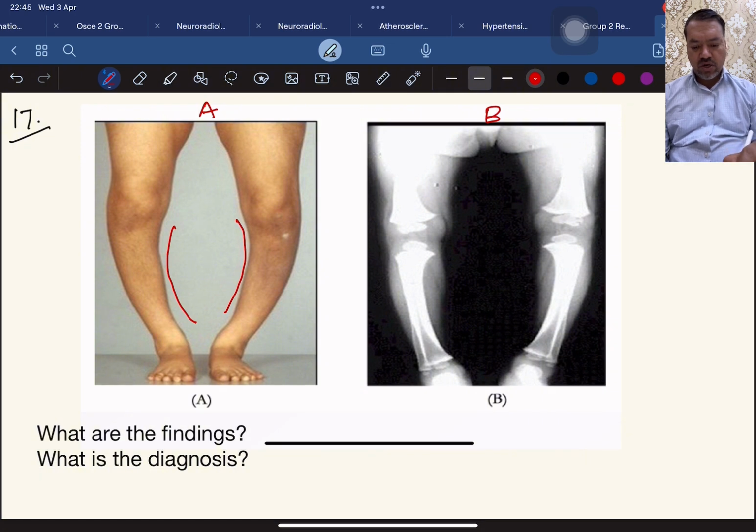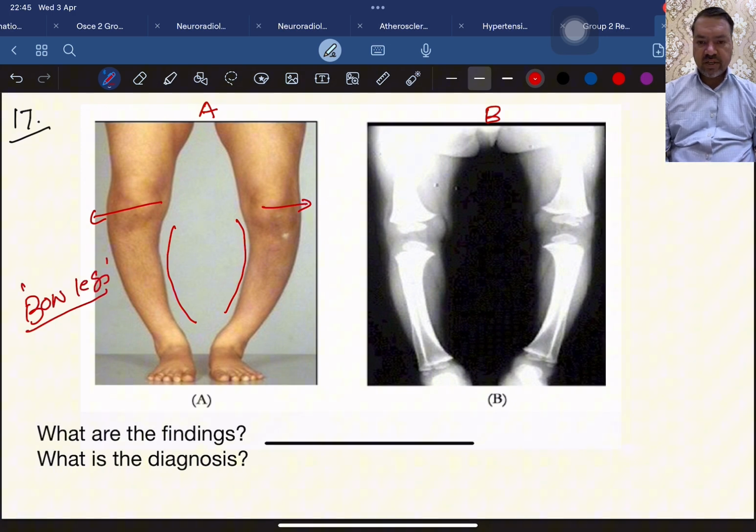In other words, knees are going away from each other. So these are called bow legs, because legs are bent, looks like a bow.